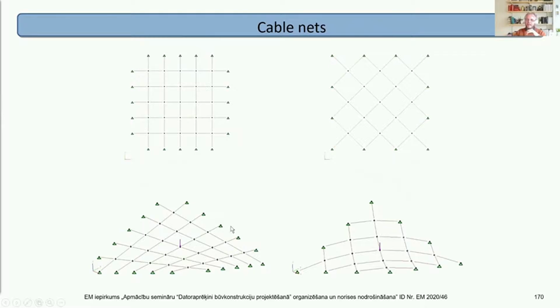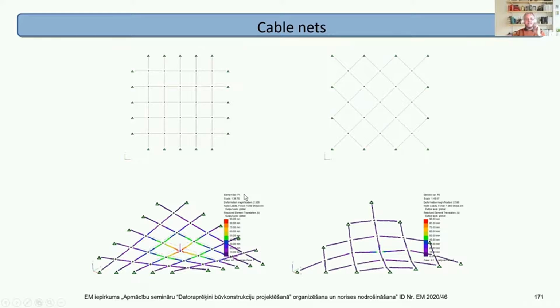I mean, this one on the left has slightly more material than the one on the right. The question is, how do they behave? Which one deflects more or less? So you might think this one on the left with a little bit more material will deflect less, but reality is it deflects considerably more.